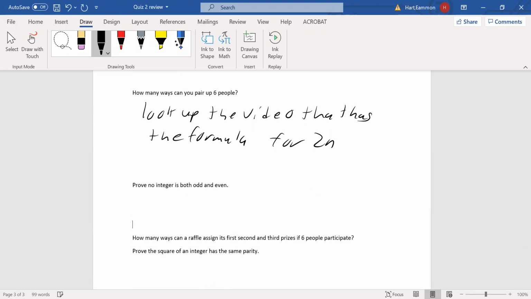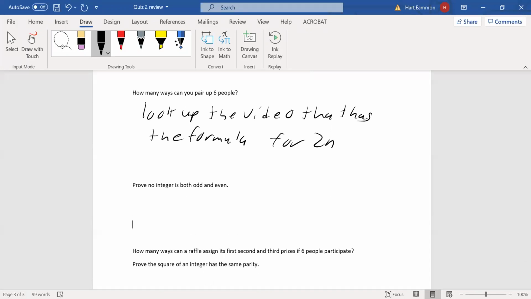So prove no integer is both odd and even. What method do you think we should use for this? Any intuition? Anyone? Contradiction. Exactly.